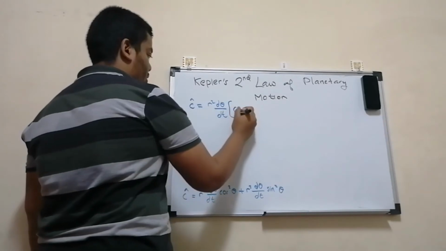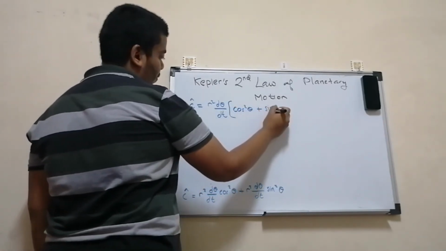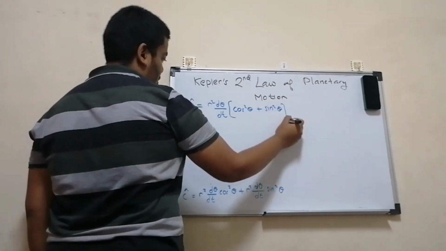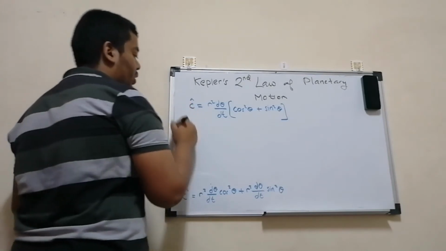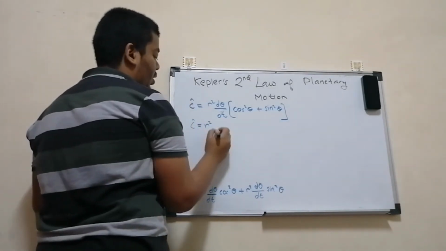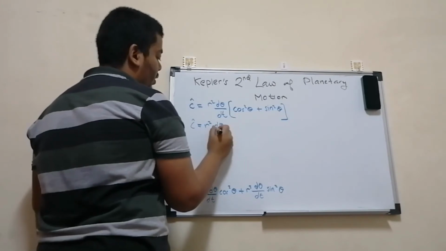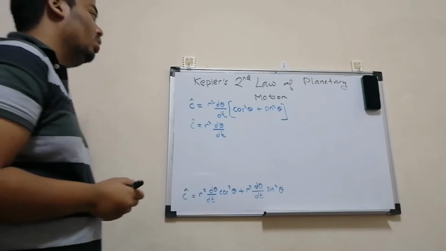We'll be left with cos squared theta plus sine squared theta. According to the trigonometric identities, this we all know is 1. So finally we are left with r squared d theta over dt. There you go. Perfect.